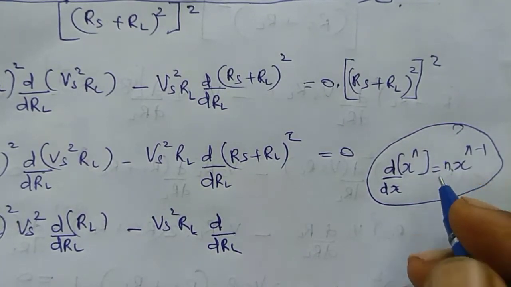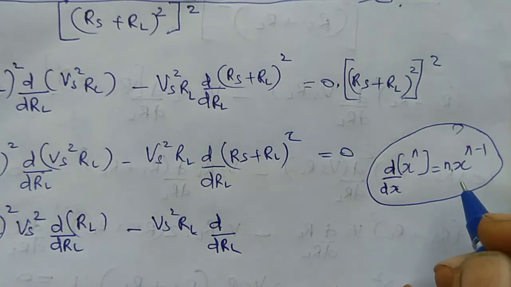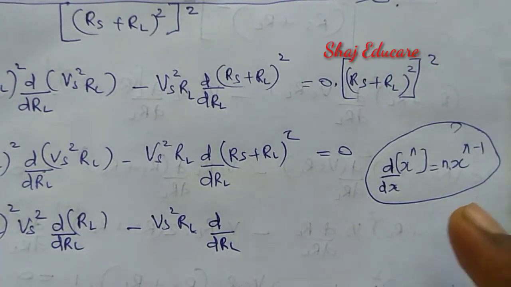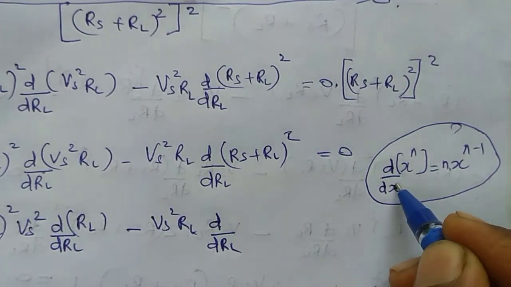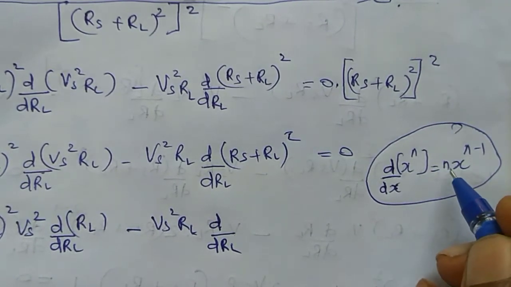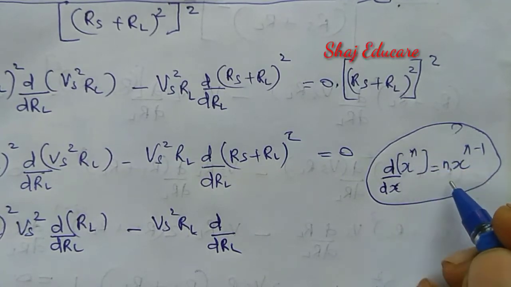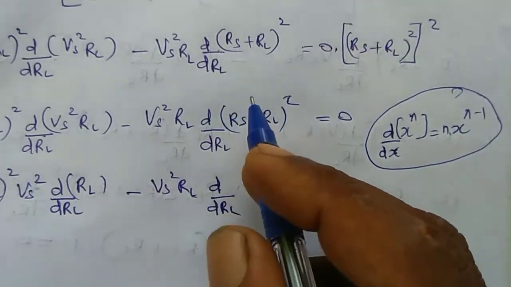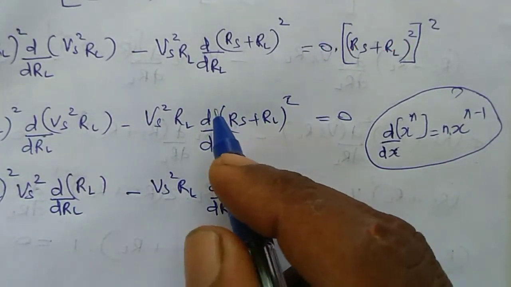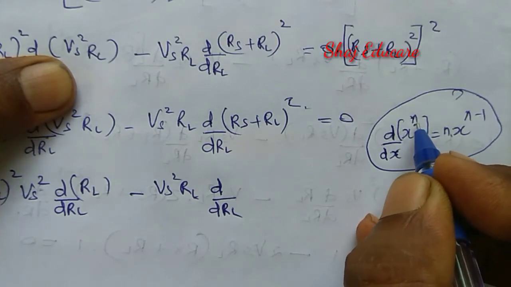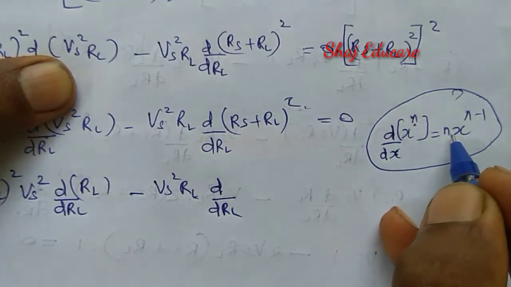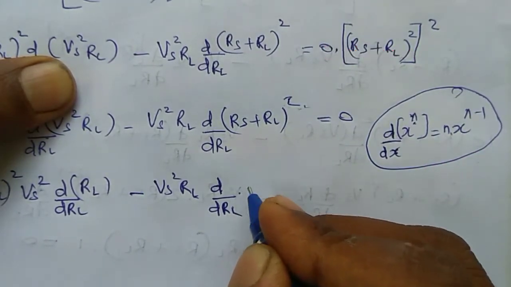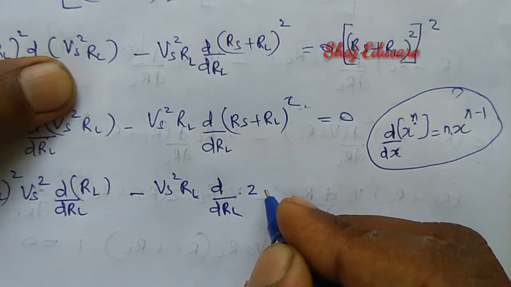This formula is familiar for all of you because we have studied it from higher secondary education onwards. d by dx of x raised to n is equal to n x raised to n minus 1. Let us use that formula to find the derivative of this function. We can conclude that n is equal to 2 in this case.